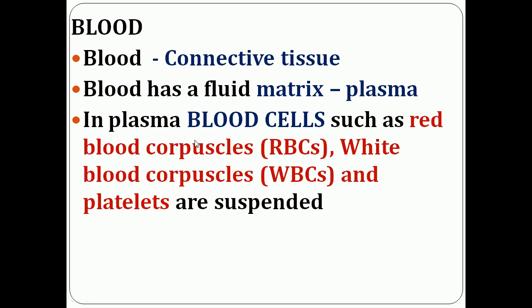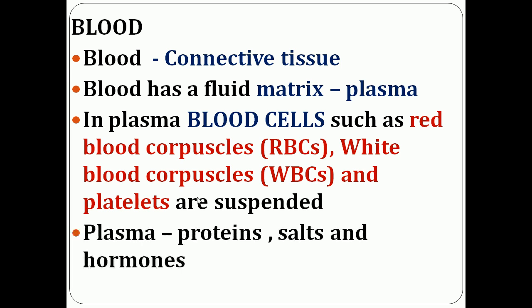In plasma, it contains blood cells such as red blood corpuscles, that is RBCs, white blood corpuscles, that is WBCs, and platelets. Plasma also contains proteins, salts, and hormones.